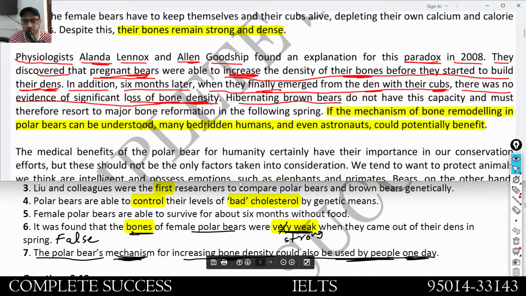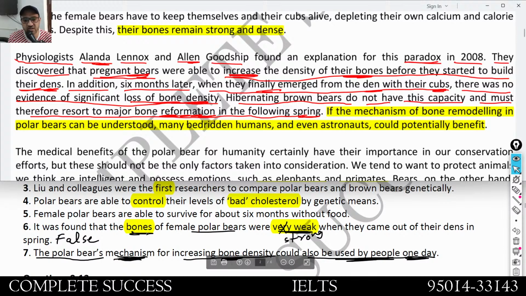Hibernating brown bears do not have this capacity and must therefore resort to major bone reformation in the following spring. लेकिन जो brown bears थे, उनकी बोन डेंसिटी कम हो जाती थी और उनको बोन रिफॉर्मेशन प्रोसेस से गुजरना पड़ता था नेक्स्ट स्प्रिंग में.